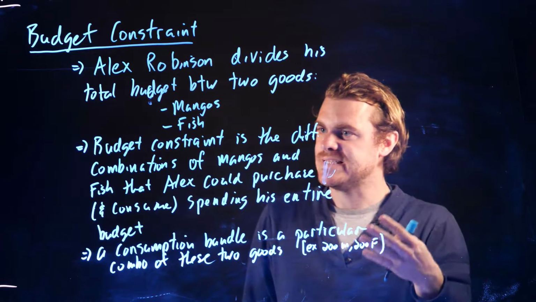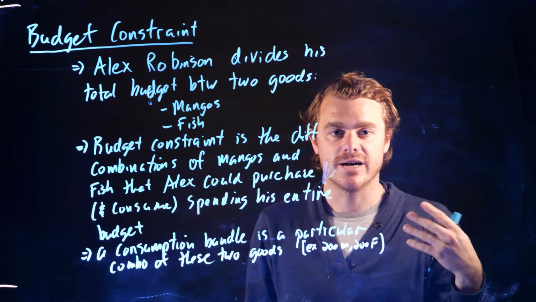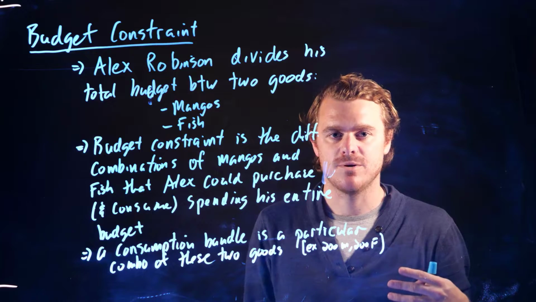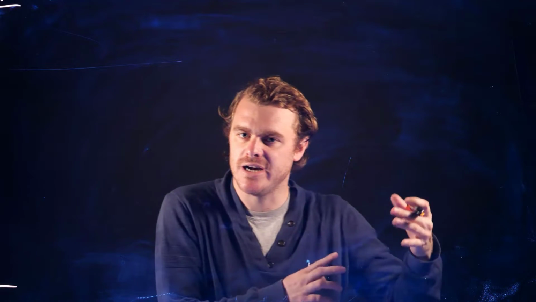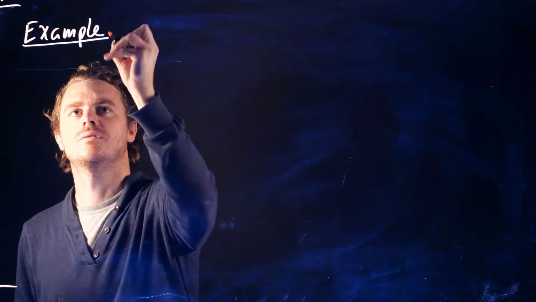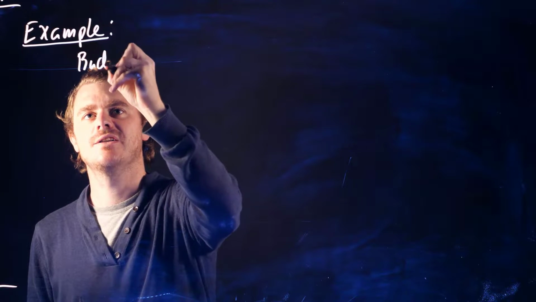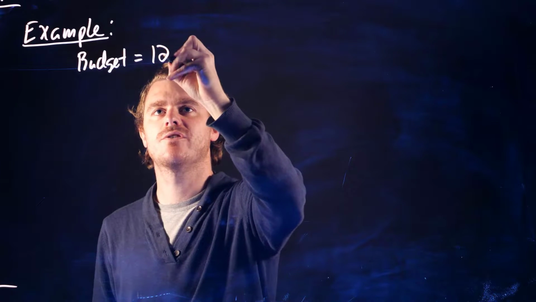All right, so let's do a quick example with actual numbers. We have an actual budget, and we can draw out what this budget line would look like in this example. Let's construct a nice little graphical representation of this budget line, and then we'll talk about more generally what that might look like. So let's say, for example, the budget that Alex has, or their income, is $1,200.